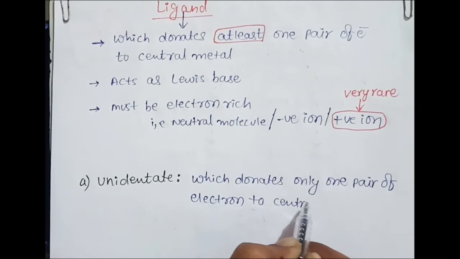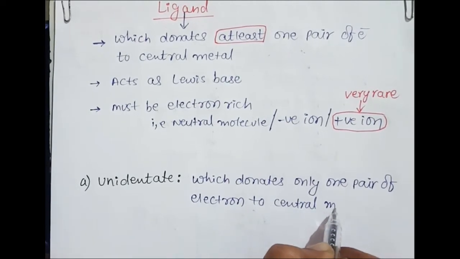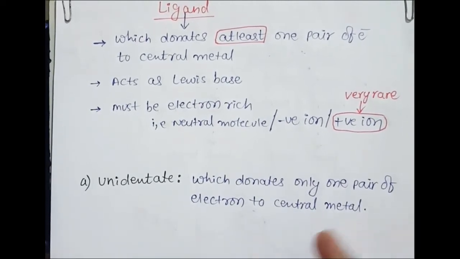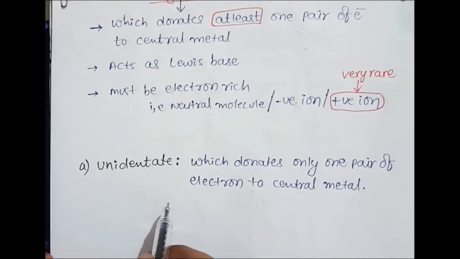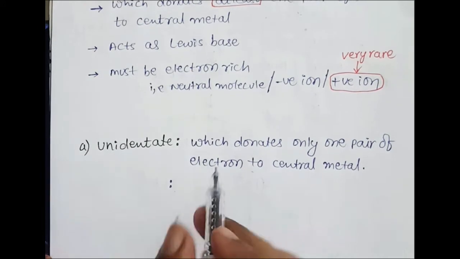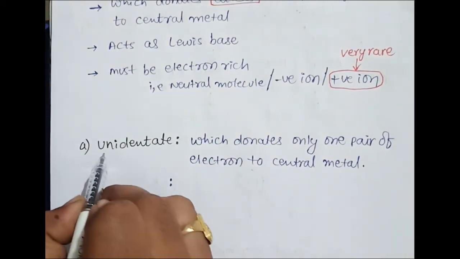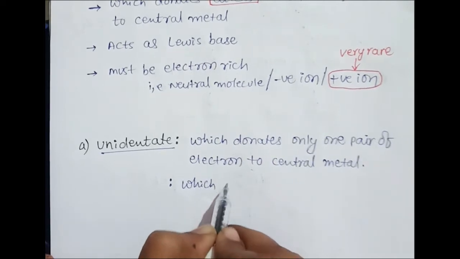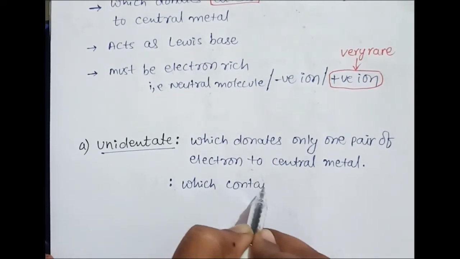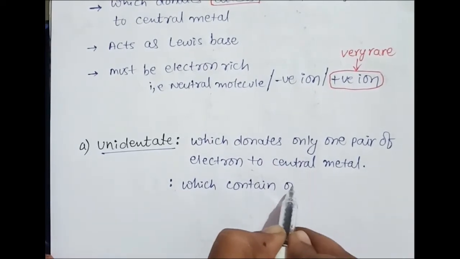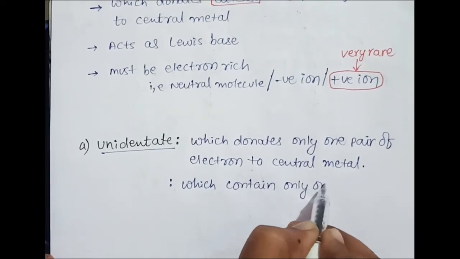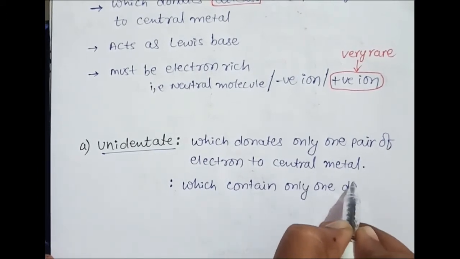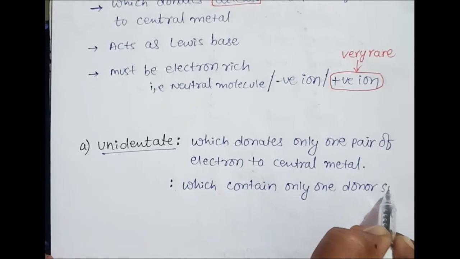Why it donates only one pair, we will see. Each donor site will donate one pair of electrons. So unidentate ligands are those ligands which contain only one donor site.